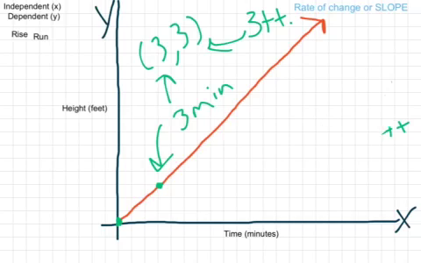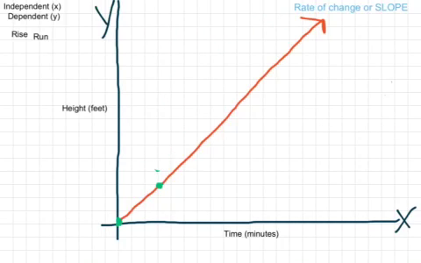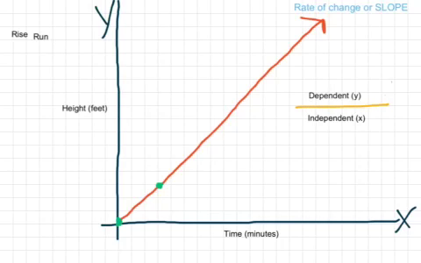Now the way that you determine the rate of change is you have to do the change in the dependent over the change in the independent. Remember in this case the change in the dependent is our height, because it's on the y-axis, and the change in our independent is time, because it is on our x.